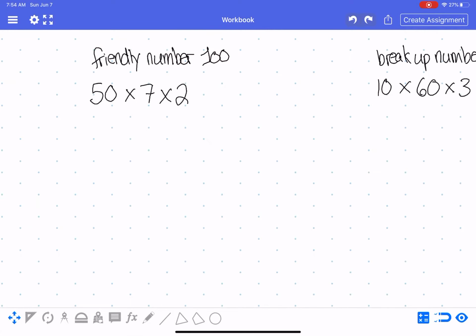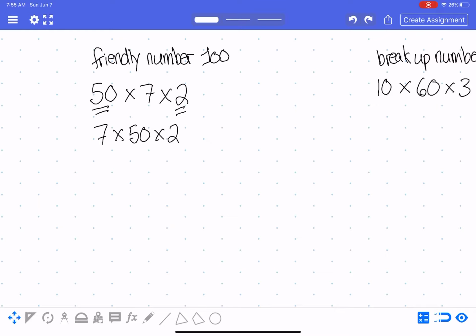Okay. Now 10 is not the only friendly number. 100's a pretty friendly number too. So when you look at the question, you have to find where the 100 is. And basically I know it's right here. So it's that and that, right? The 50 and the 2. Because I know if I multiply them, I get 100. So again, to make it easier, I could move the numbers around to use a commutative property, to keep the numbers together.